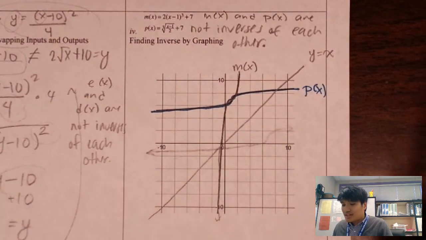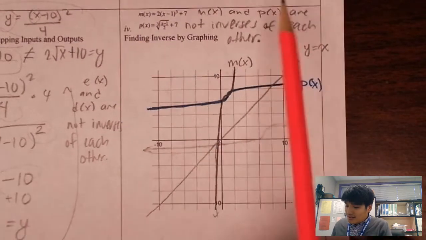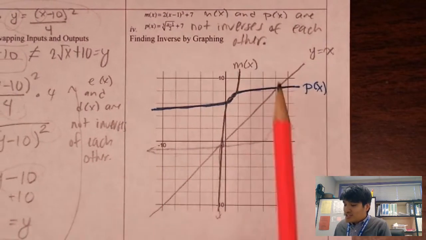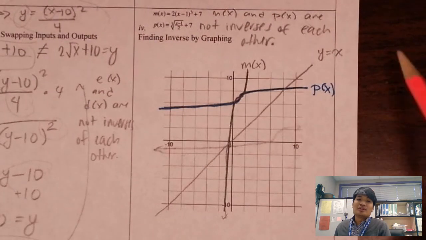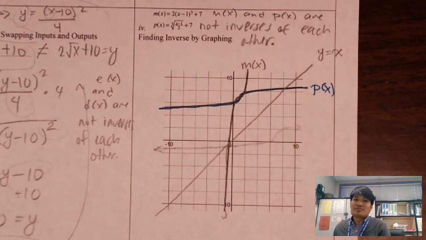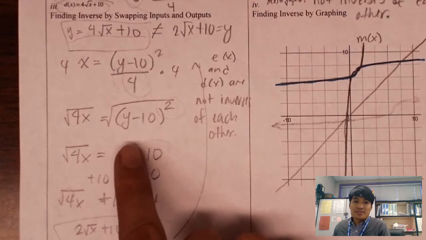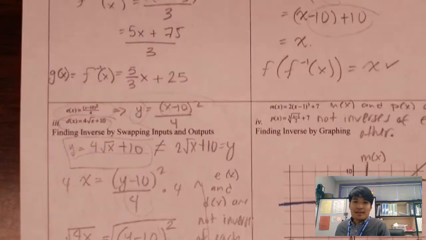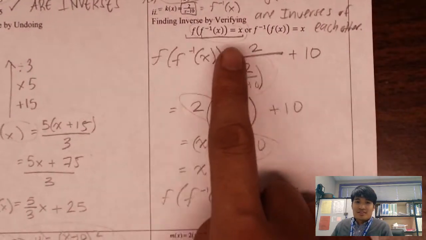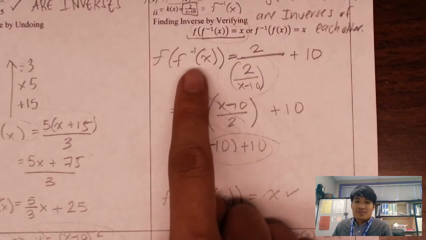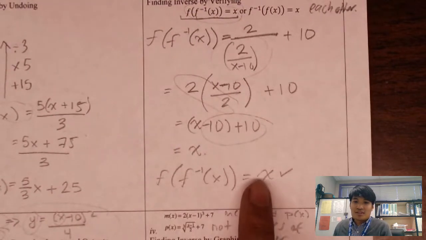Hopefully you guys were able to understand that there are 4 ways that we can find inverses of functions. We have graphing, we have swapping inputs and outputs, we have undoing, and we also have this condition where I plug the inverse of my function into the original function to see if it equals x.